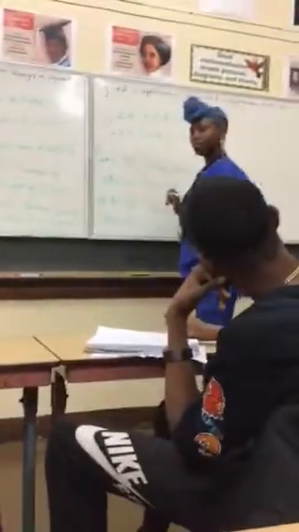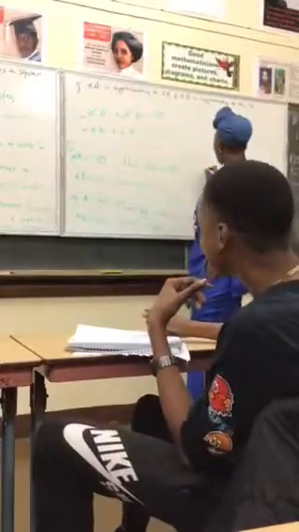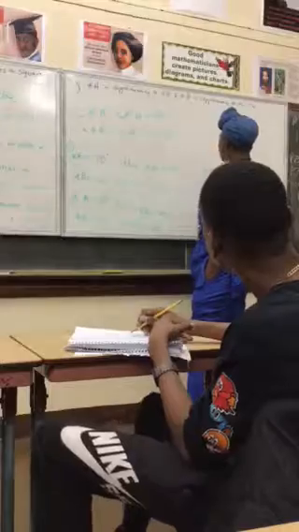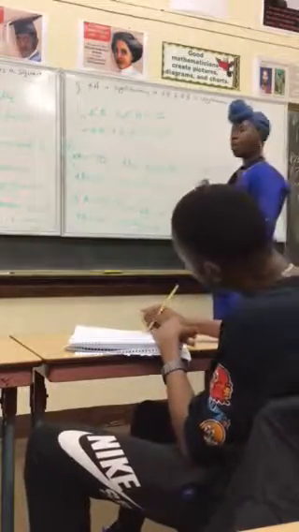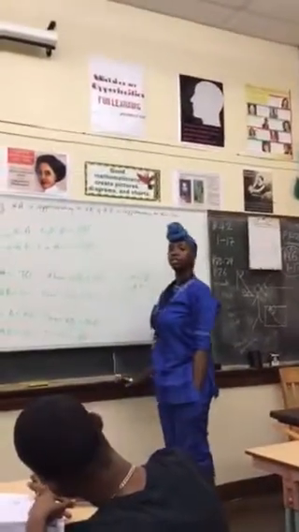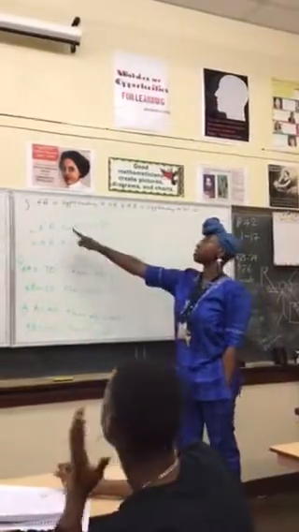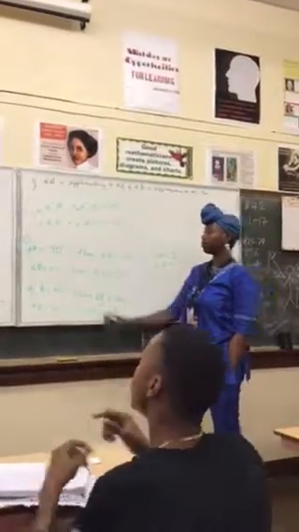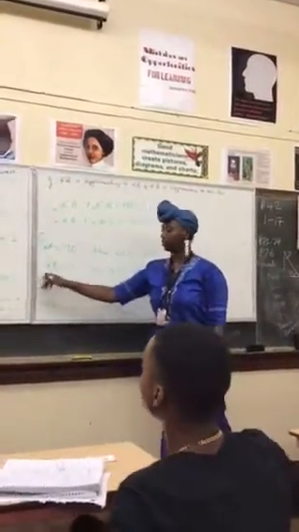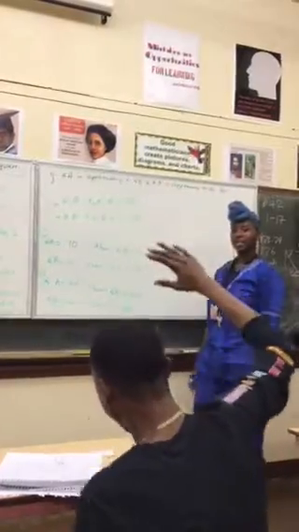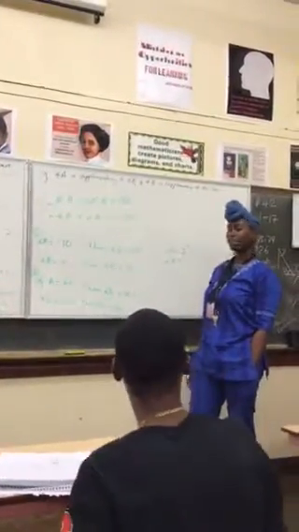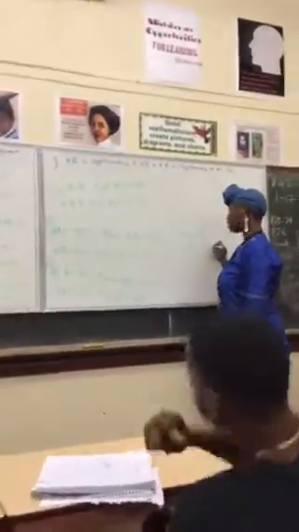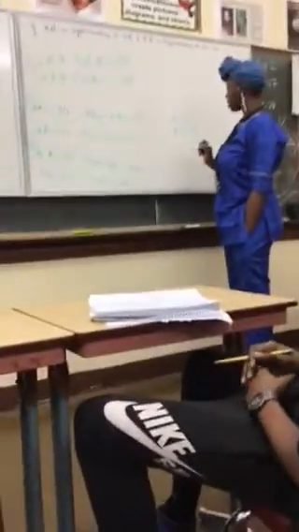So let's see, if angle A equals 2 degrees, what would angle B equal, given that they have to be supplementary? Yes, Nathaniel? 178. That is correct.